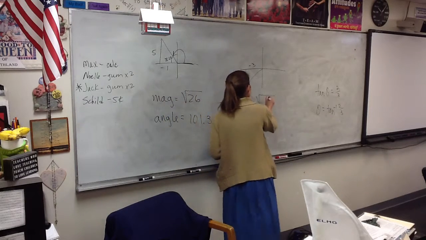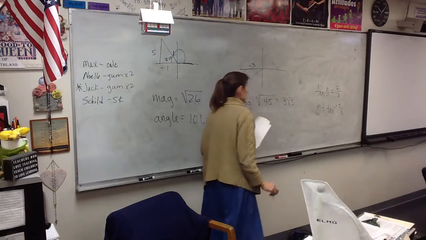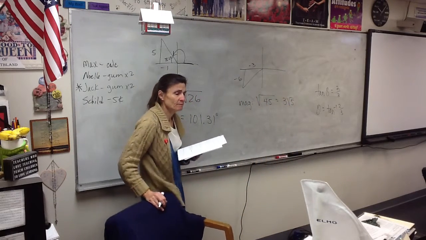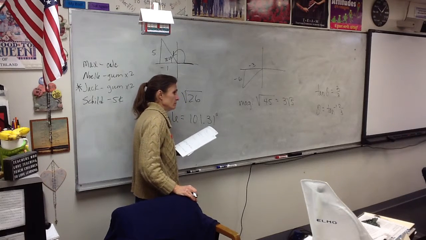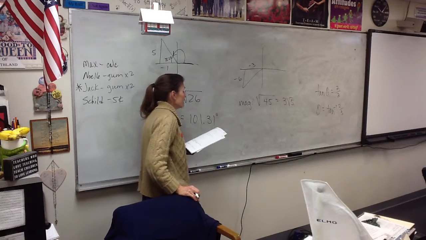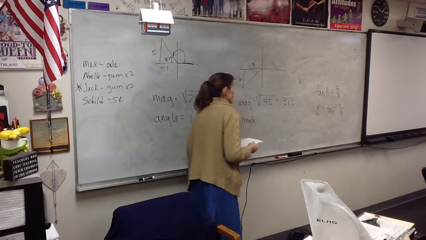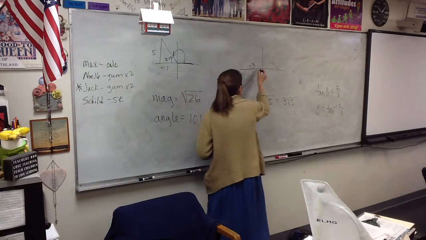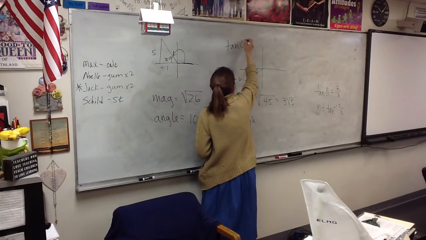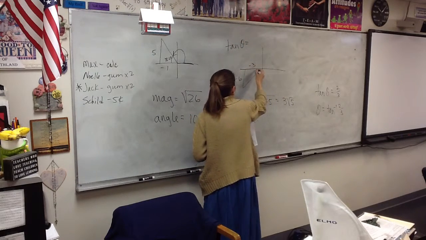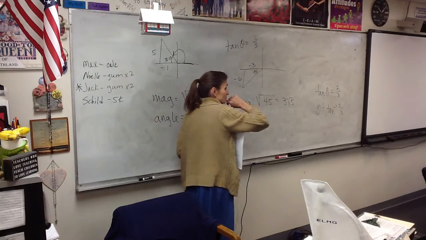Square root of 45, which is 3 root 5, because it's 9 times 5. Now what about the angle? Well, I'm going to find this angle right here. So the tangent of that angle is 6/3, or 2.